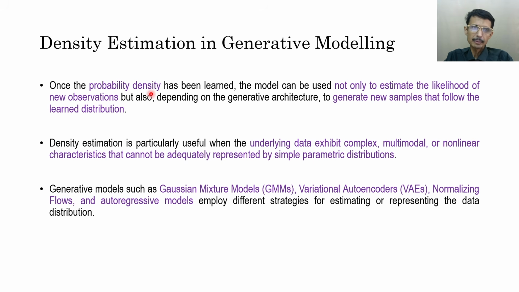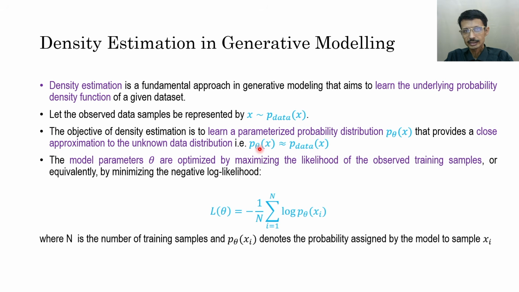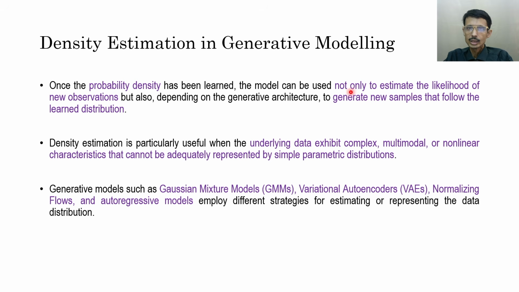I repeat: once the probability density has been learned, we can model it so that it's very close to the true one. The model can be used not only to estimate the likelihood of a new observation, such as class belongingness, but it can also generate new samples that follow the learned distribution.